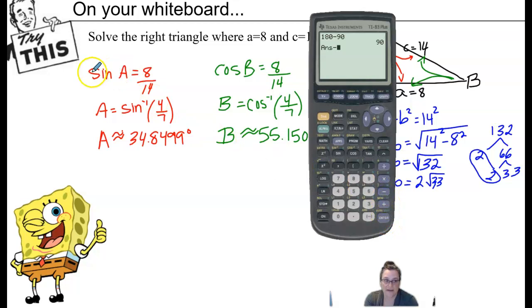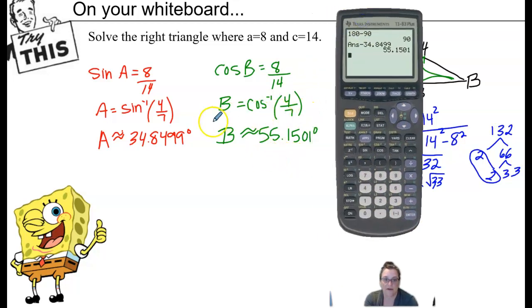If I subtract the angle A that I just found, 34.8499, notice I get the angle for the cosine of B. If I had instead found the angle B first, then 90 minus 55.1501 would have gotten me the measure of angle A.